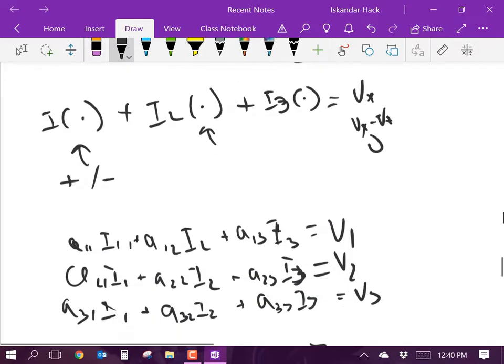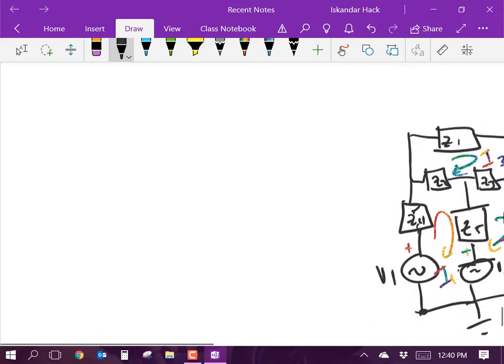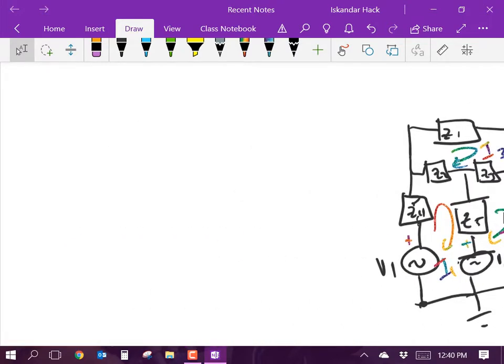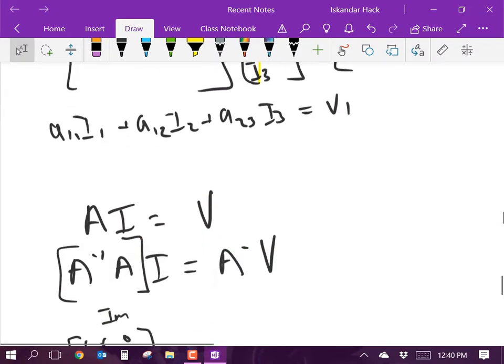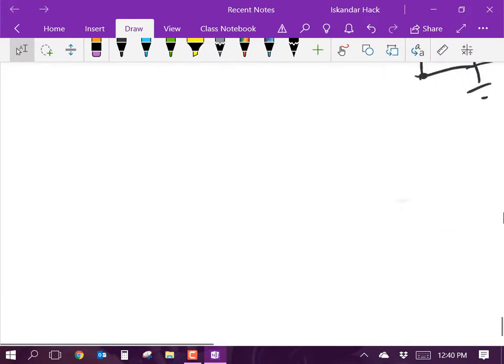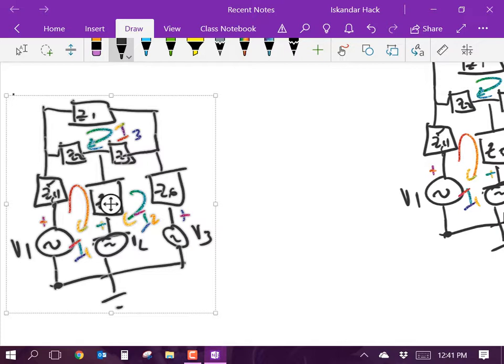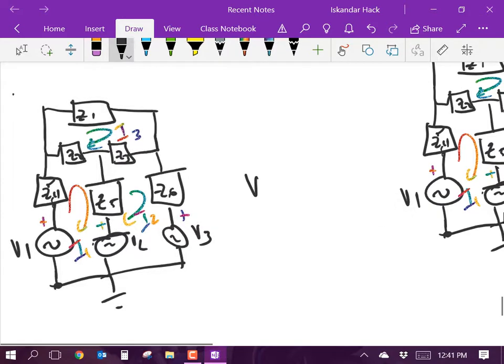So when I come back and look at my circuit, I'm going to write my V vector right here. I go around loop 1, and I come out the positive of V1 and I come out the negative of V2.